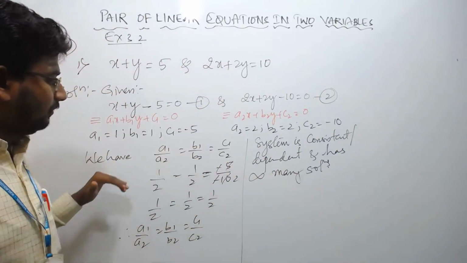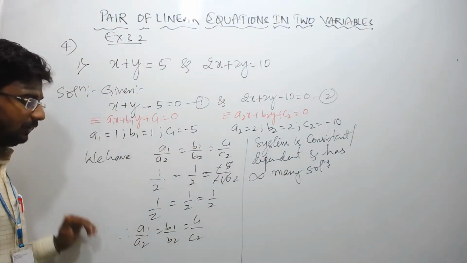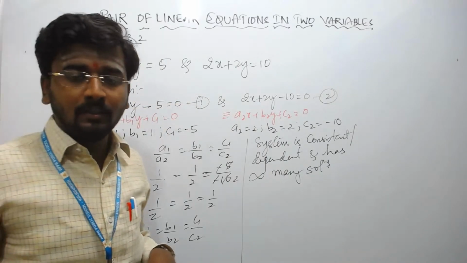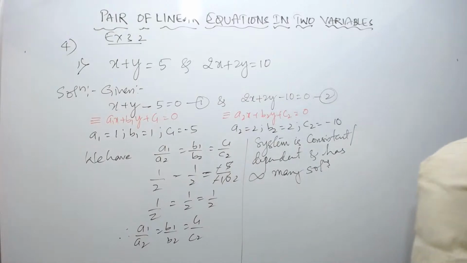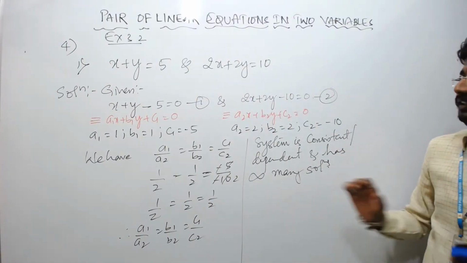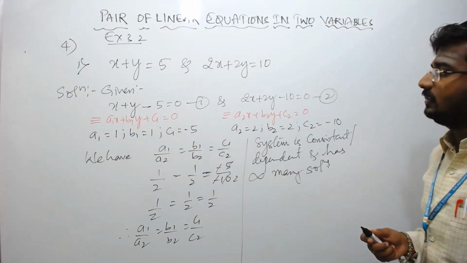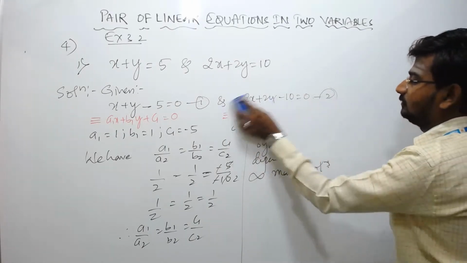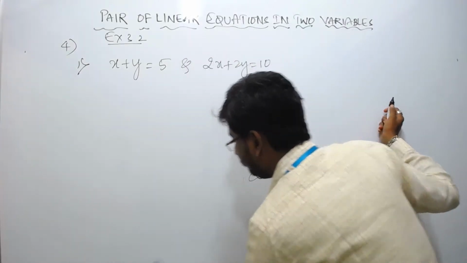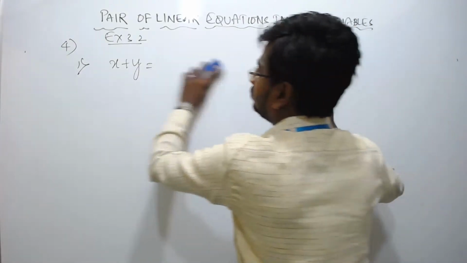So up to this, I hope everyone is clear. This is the algebraic part, the theoretical part, what we have done. Now we have to check graphically. So now how to do the graph? There are so many ways. I hope this one is clear to everyone, because already such problems we solved yesterday.